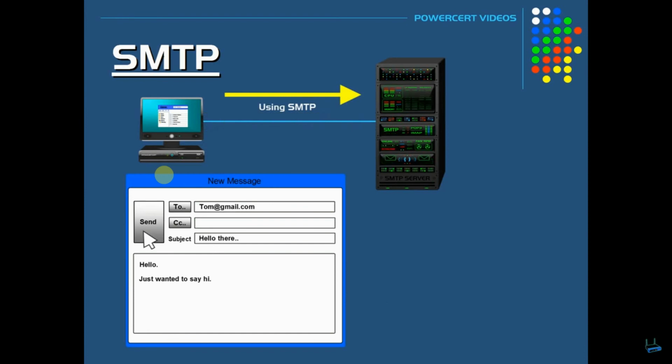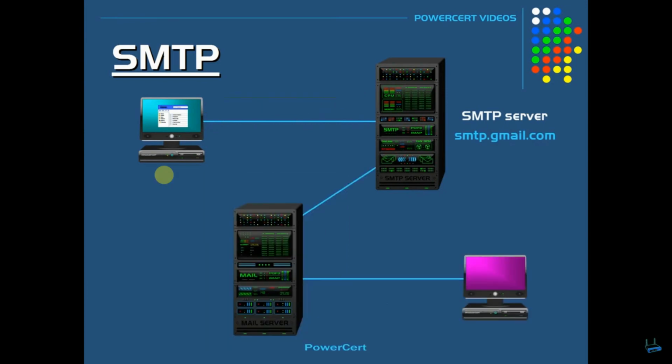This server is also known as the SMTP server, and this is what's configured in your email client. For example, if you're using Gmail, the SMTP server address would be smtp.gmail.com. Then your SMTP server will send a message to the recipient's email server, also using SMTP.